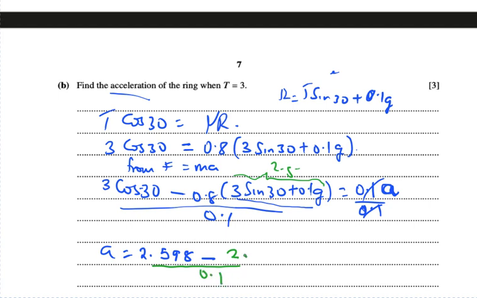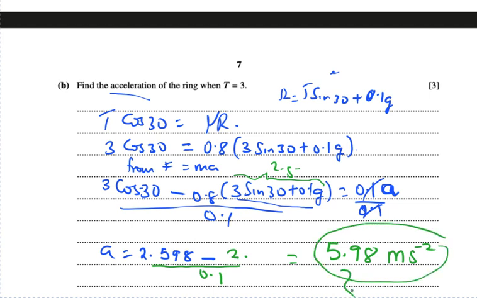So 2.598 minus 2, divided by 0.1. So we get our acceleration as 5.98. Don't forget the unit. Yes, so this here is the answer to this question.